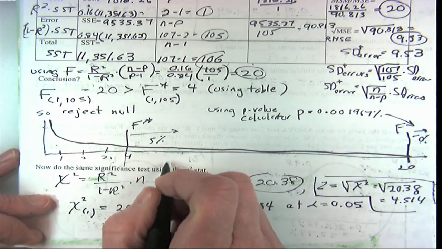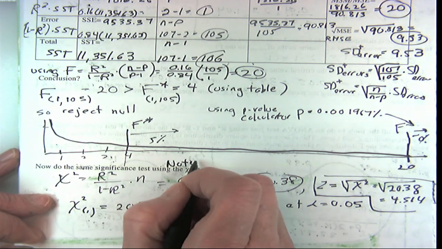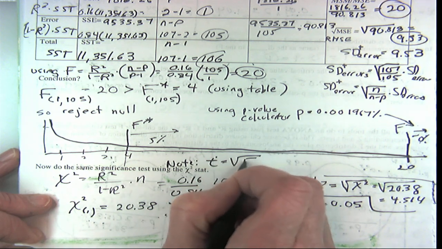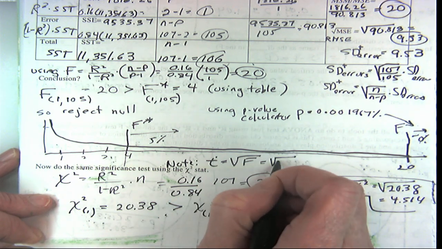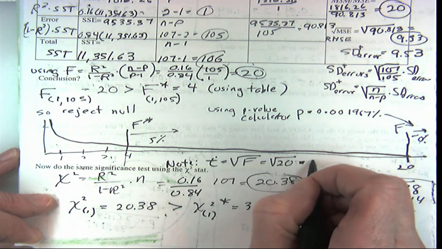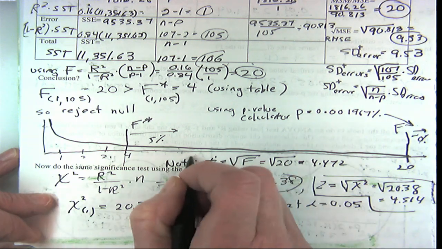And note, we'll write that too, that t is equal to the square root of F. So it would be the square root of 20, which is 4.472.